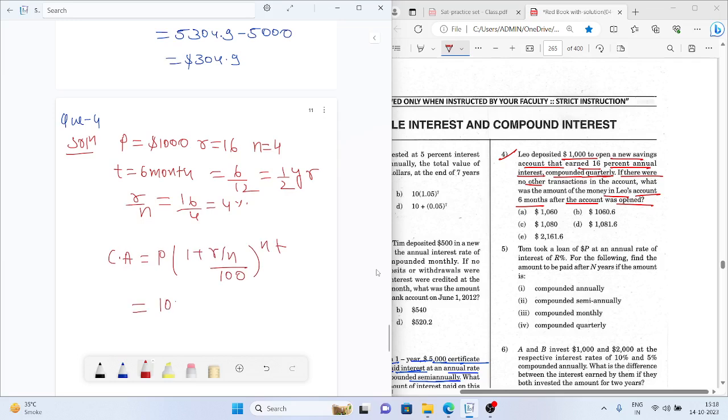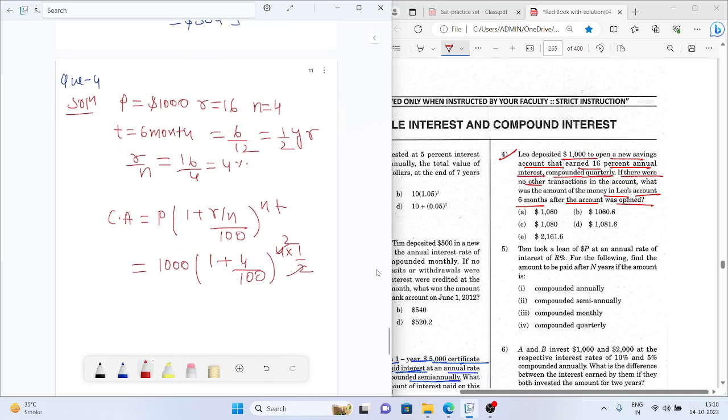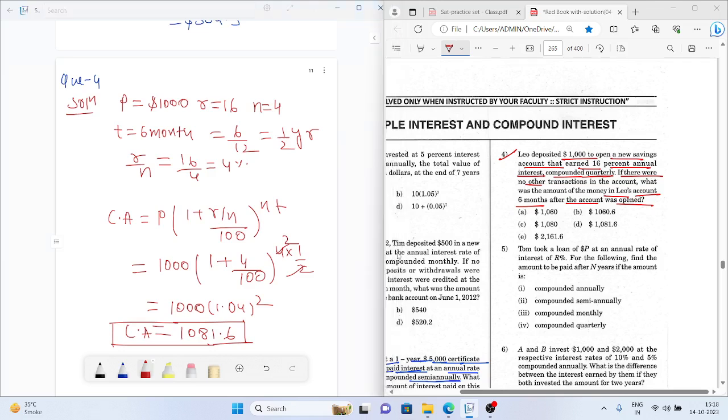So the principal is 1000, 1 plus 4 by 100, value of n is 4, time is half, so it will become 2. This will give you 1081.6. This amount you got after 6 months. Option is D, right? So note down this. Did you get this question? Okay, if you got this, then we move forward.